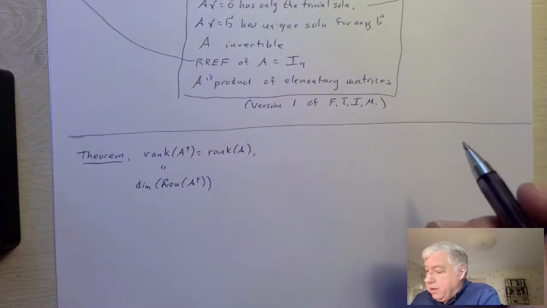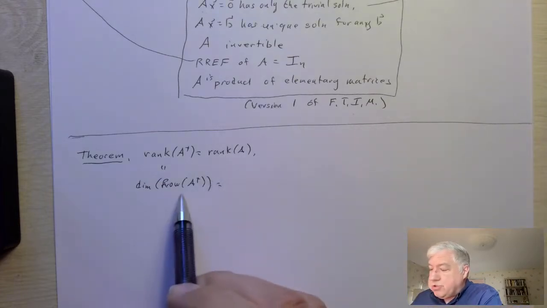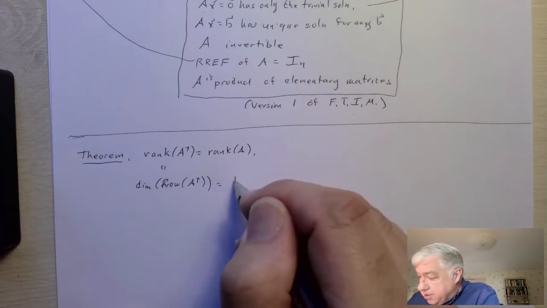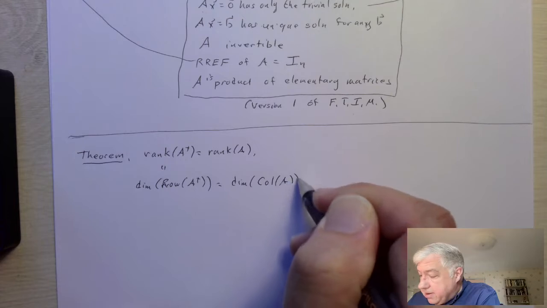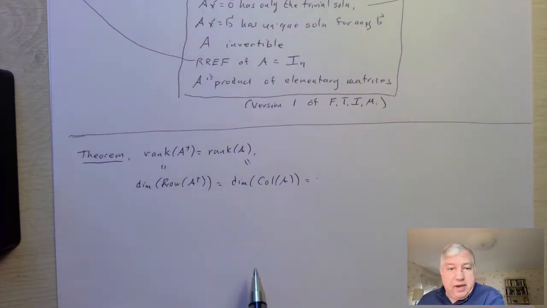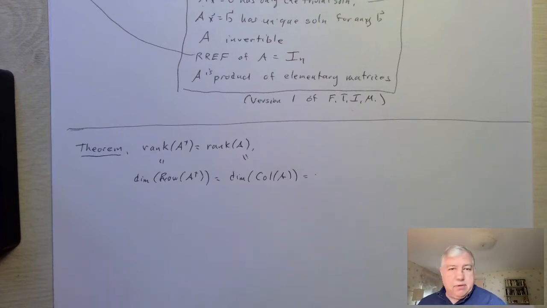Okay. Well, remember the rows of A transpose are the columns of A, so this is equal to the dimension of the column space of A, which is equal to the rank of A, right? So that's the proof of that.